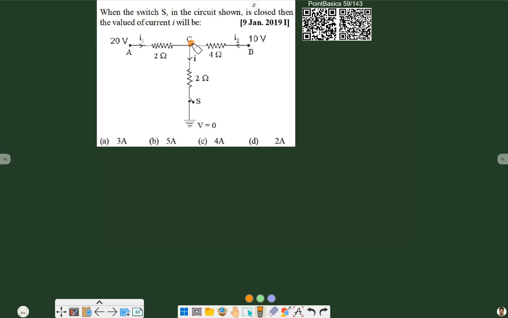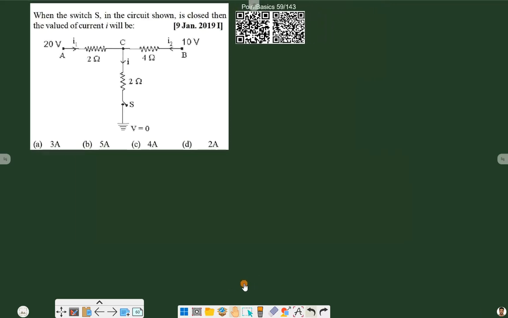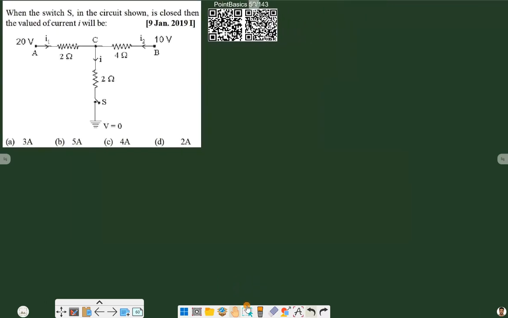Now first of all, let's apply the junction law here. At junction C, incoming current should be equal to outgoing current.